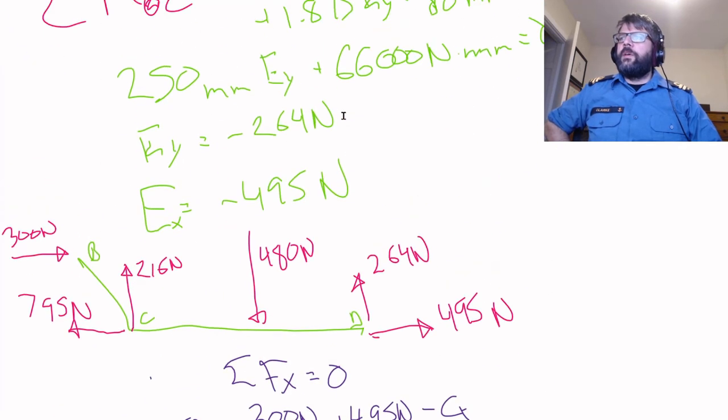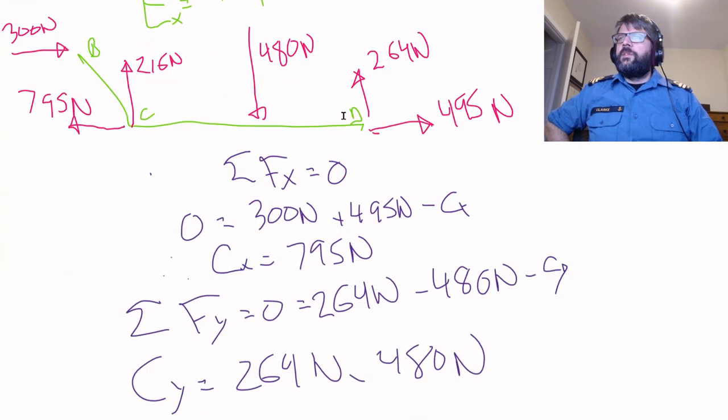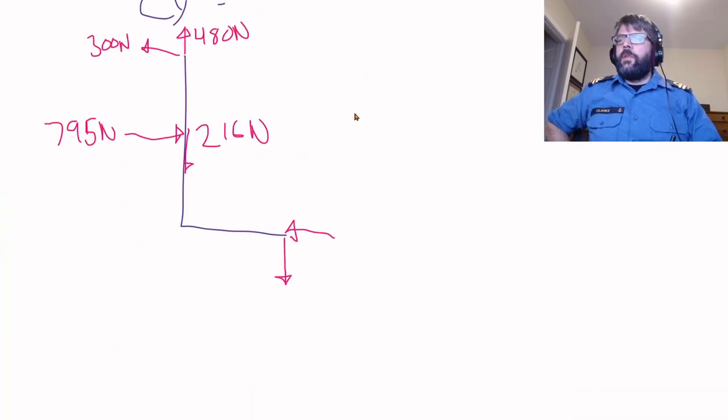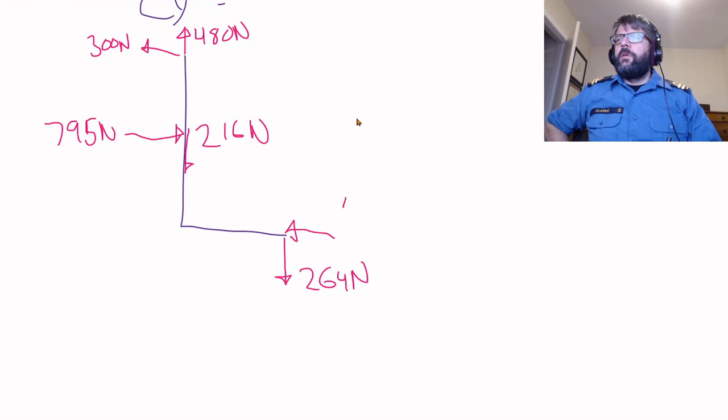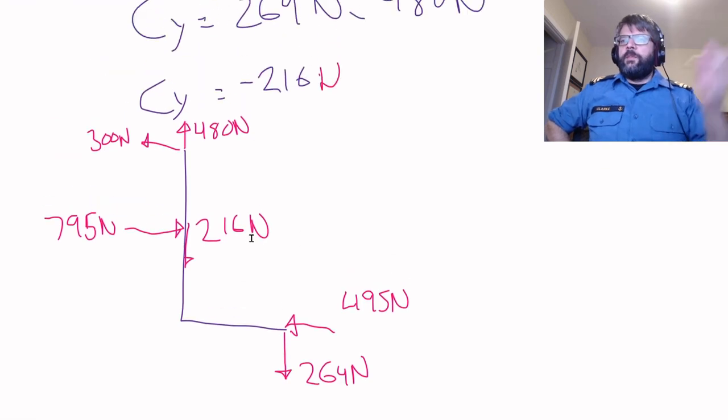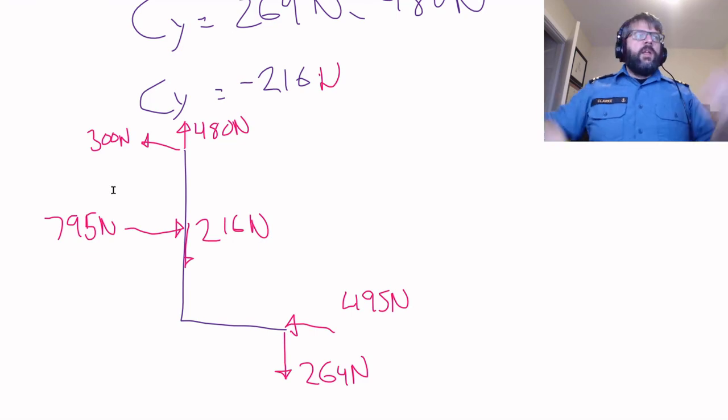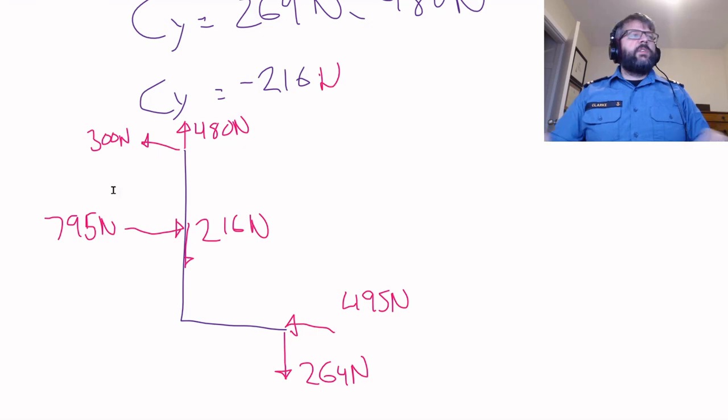That was 264 for the vertical, and the horizontal component was 495. And it looks to me like everything balances there, so we're good to go. So that is what's going on with all those forces in that link.